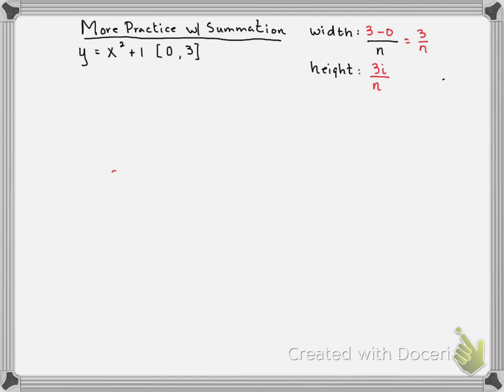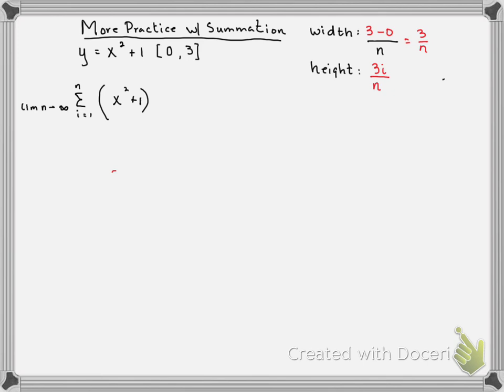over n. All right, so our summation, our area, is the limit as n approaches infinity of the summation from i equals 1 to n of x squared plus 1. That is our formula, okay?